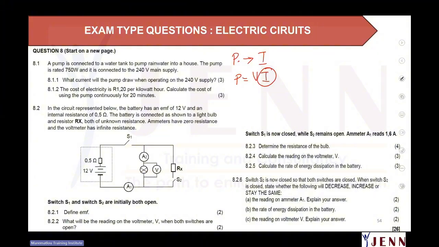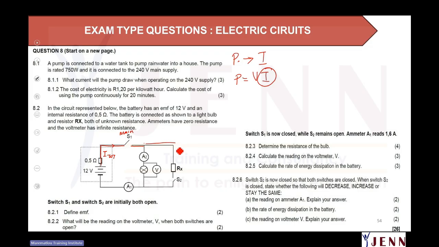Now, there is switch S1. Switch S1 and switch S2 are initially both open. Before we can answer the questions, we first need to draw the direction and flow of current. That makes switch S1 a main switch. Current flowing out is the total current. I total goes to the main switch, and when it reaches this point, current splits.